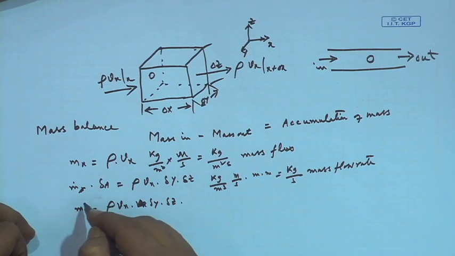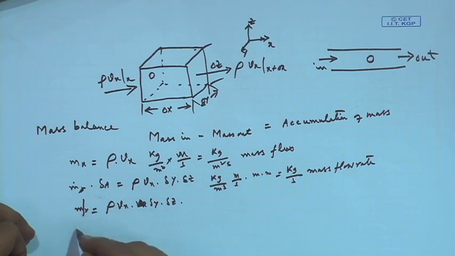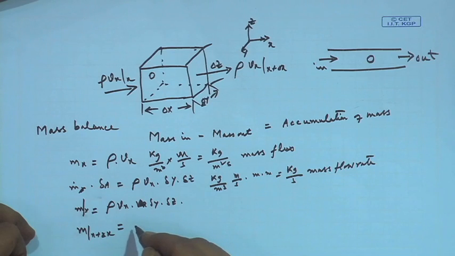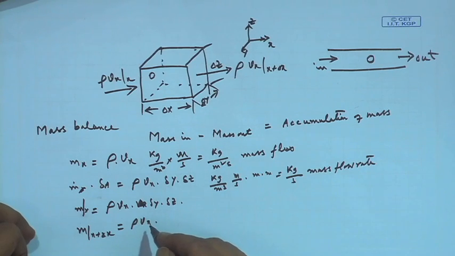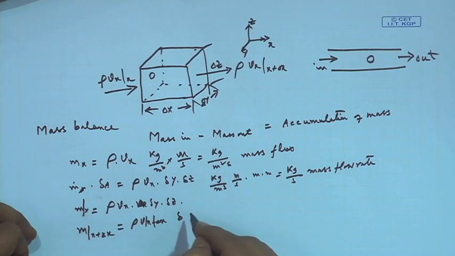Similarly, at the face x plus delta x, this is again rho Vx, with the area remaining the same: rho into V at x plus delta x, into del y del z.